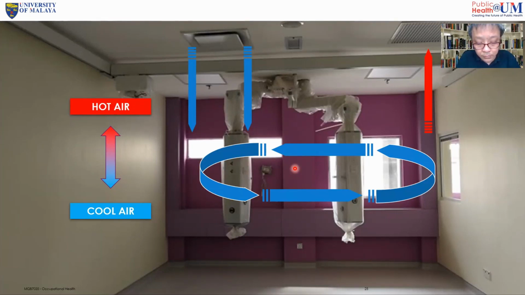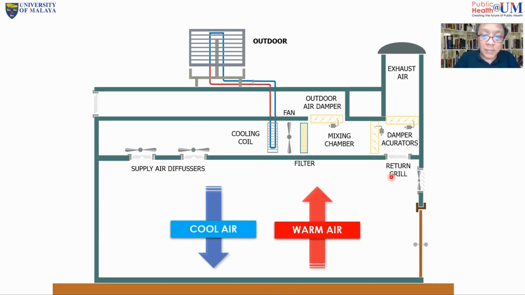Due to cost. Yes. How is air cooled? Every time, the hot air will need to be cooled, correct? So there is a circulation here to cool the air until it becomes cold.